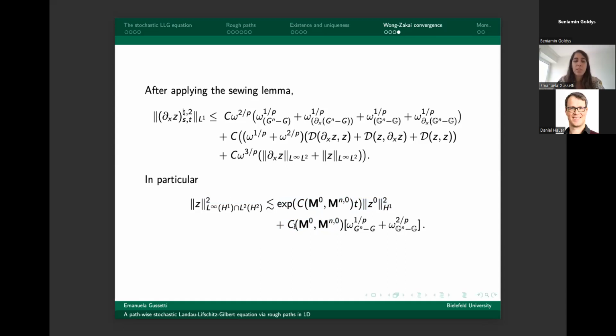And here again, same constant. Maybe there is also an exponential here, yeah, maybe I forgot an exponential, that will depend on time and again polynomially on the initial condition.